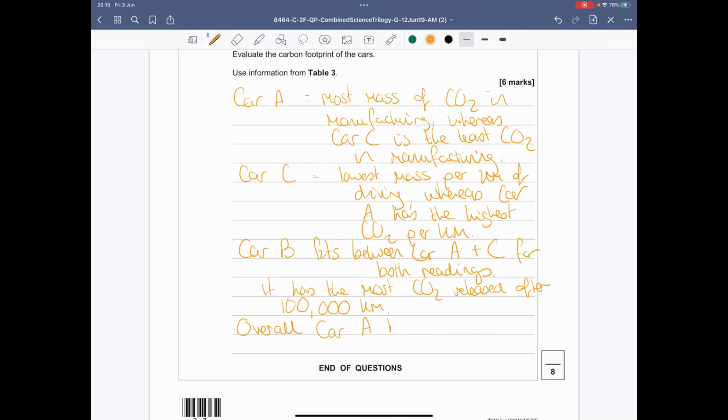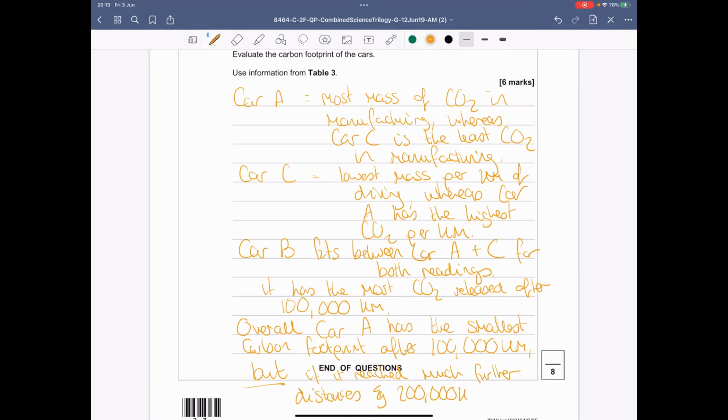Overall, car A has the smallest carbon footprint after 100,000 kilometres, but, and emphasise this point, if it reached much further distances, e.g. 200,000 kilometres, car C would then be the most green, or released the least CO2.